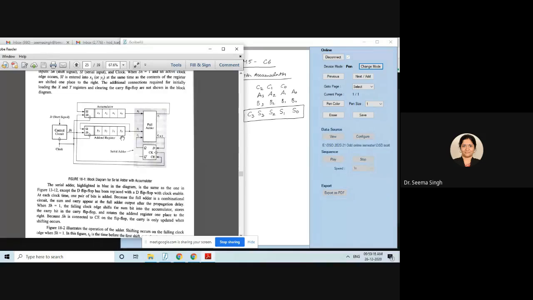Why? Because my X0 and Y0 have done their job of addition. Now, because the data is shifted to the right by 1 bit, X3 is vacant now, and X3 has space to keep your S0 through the serial input, which was added at T0 time. At T0 time, this addition happens.